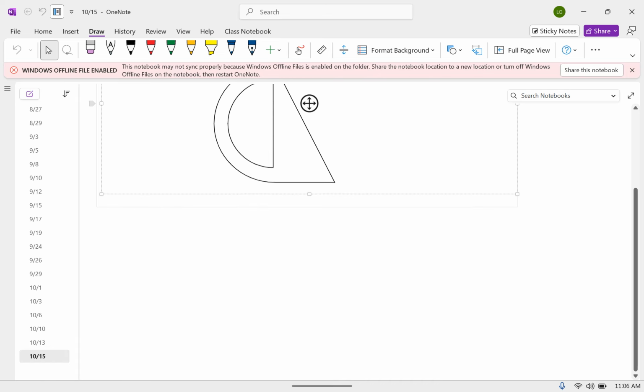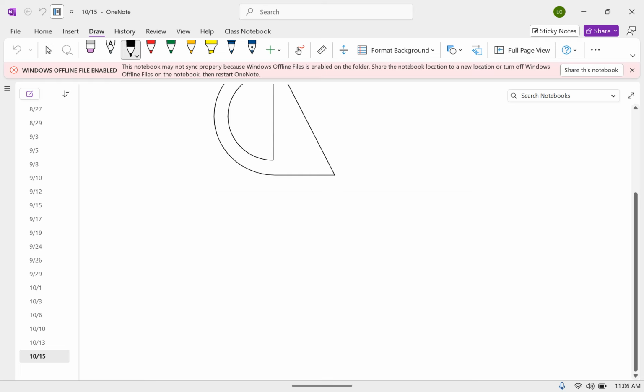Yeah. So let's think about this. You know that a quarter circle has a distance to the centroid of 4r over 3 pi.